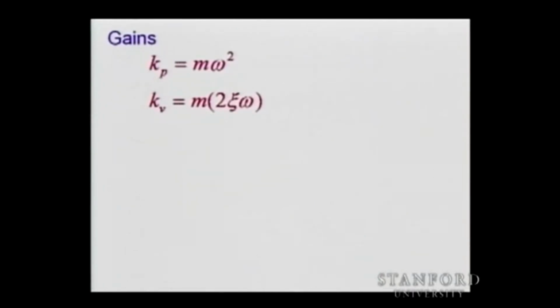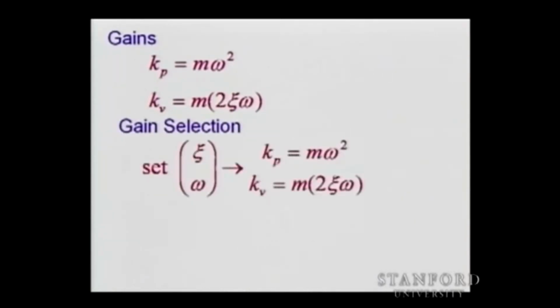When we are controlling a system, we are going to set the dynamics of the system, which means we need to set zeta and omega. So we set zeta and omega, and we can compute our KP and KV. Most of the time zeta is equal to 1, so KV is m 2 omega, and all that is left is to set omega.